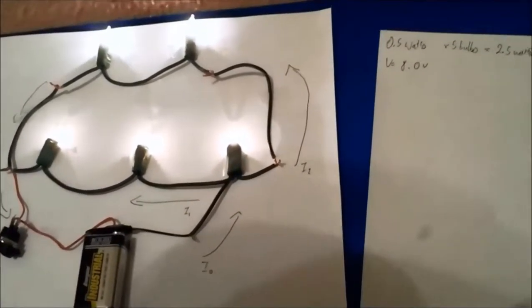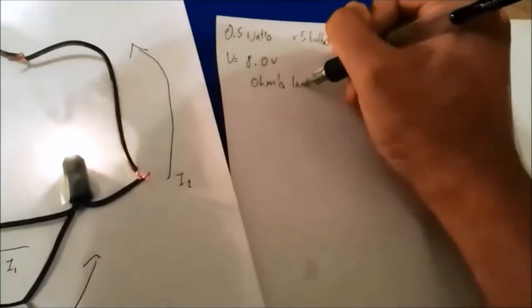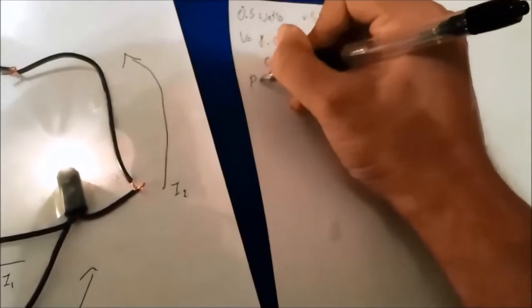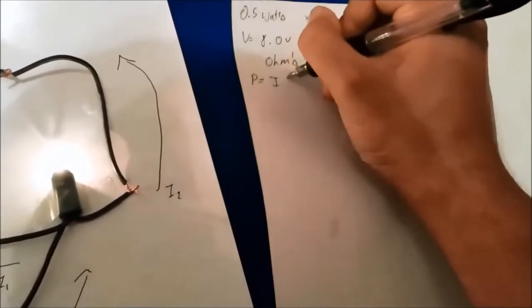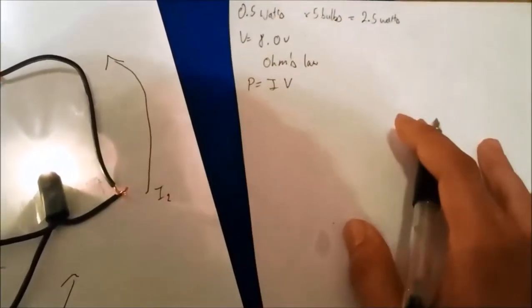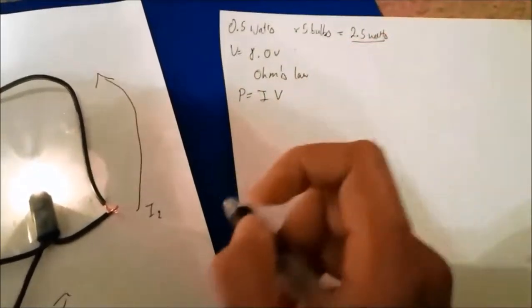So, given that, what do we do now? According to Ohm's law, P, which is power, equals the current times the voltage. Power is 2.5 watts. Voltage is 8 volts.